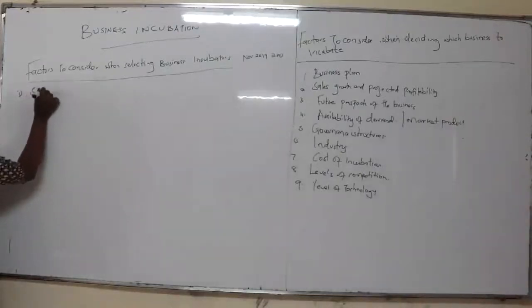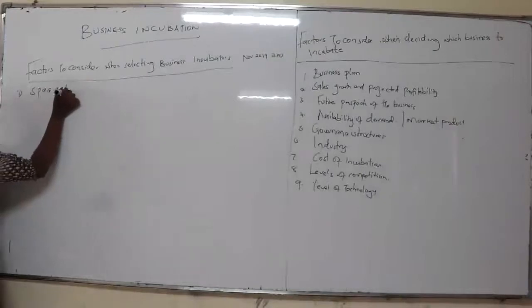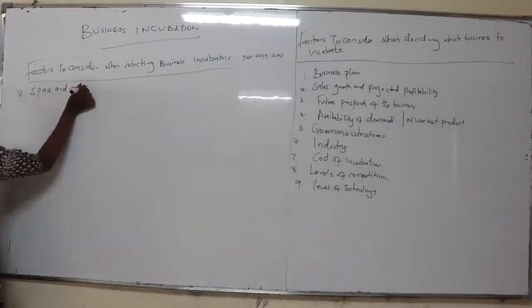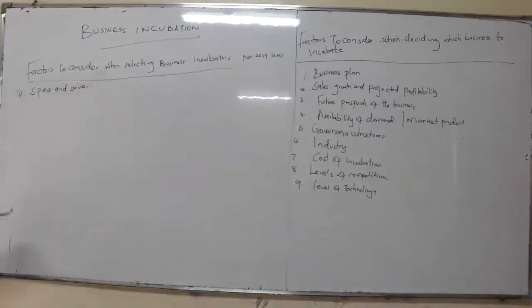The first one is the space and services. When you talk of the space and services, you have to check on the charges for the space and the services offered. For example, the first one, which was the classical incubator, the business centers, we said that they usually provide you with the infrastructure when you are starting up the business.